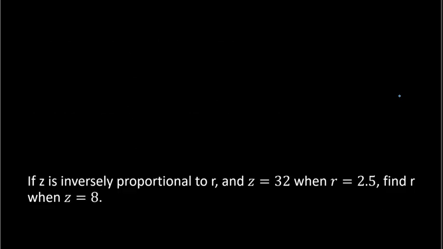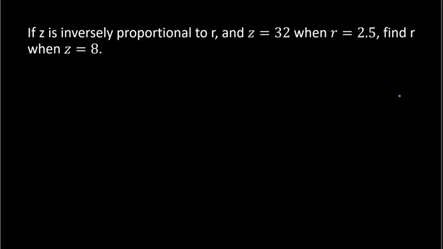Now let's take a moment and explain how to use these different setups to solve for an unknown value. Here it says z is inversely proportional to r, and z is 32 when r is 2.5. Find r when z is equal to 8. So to begin, I always want to set up my equation, and here we're going to look at the phrase z is inversely proportional to r.